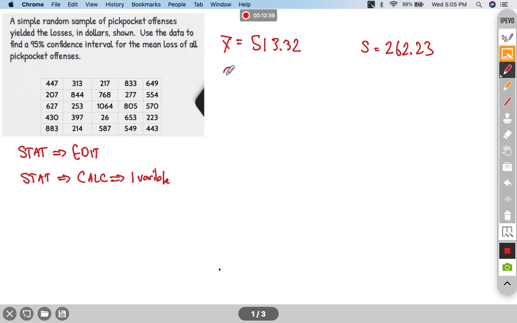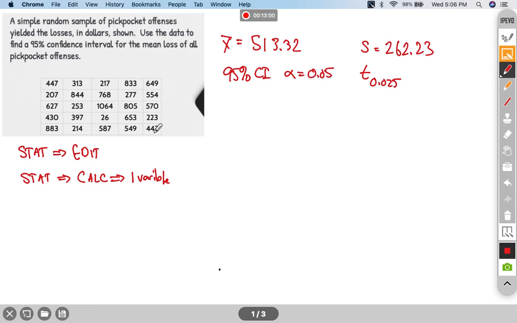Now we want a 95% confidence interval. So that means alpha is going to be 0.05. So we're trying to find t of 0.025, because again, we have to take alpha divided by 2.